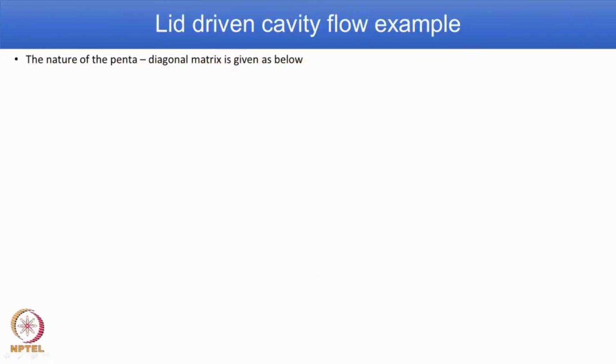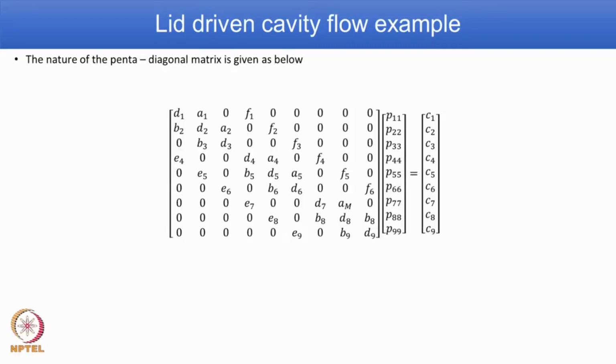So, the nature of the pentadiagonal matrix after the coefficients are evaluated is shown here. So, we have D1, A1, then there is an element 0, then there is a value F1. Along the diagonal of the coefficient matrix we have values, immediately below the diagonal the subdiagonal has values, immediately above the diagonal the superdiagonal has values, then we have zeros and then values F1 to F5, F6.